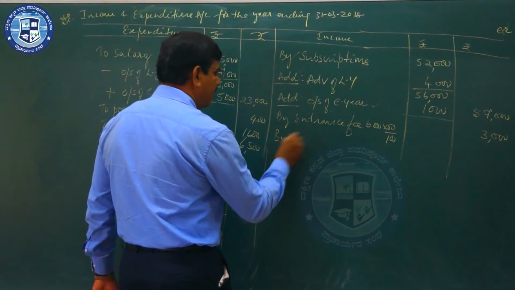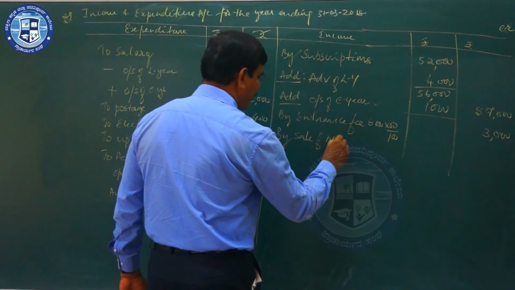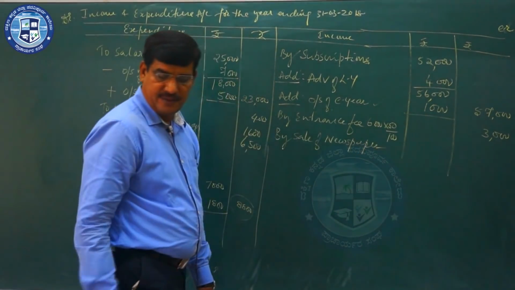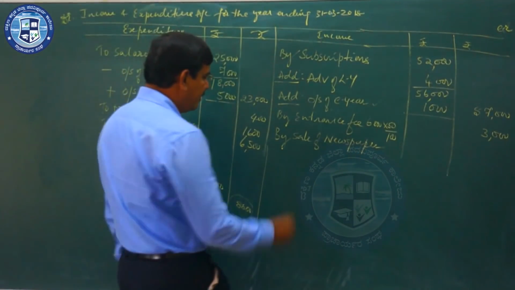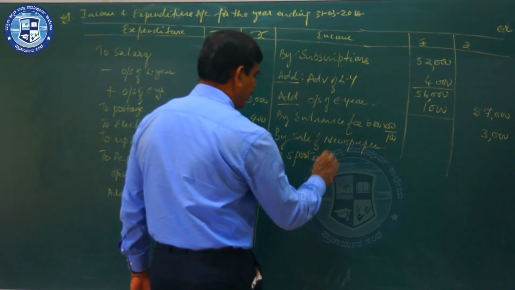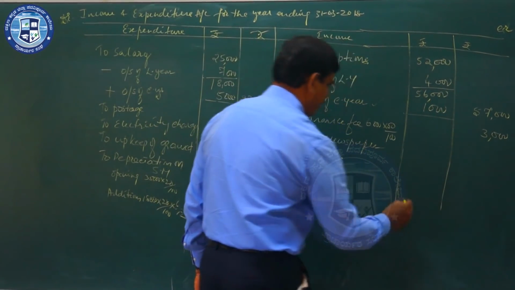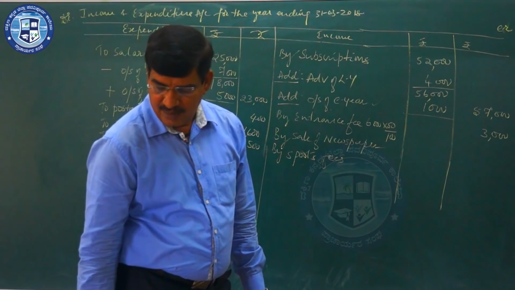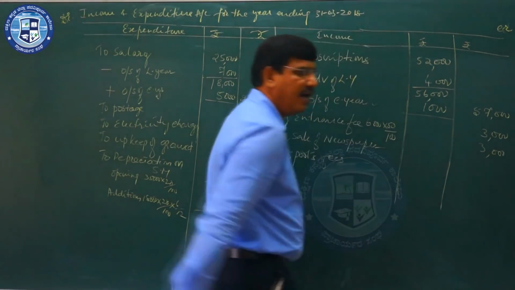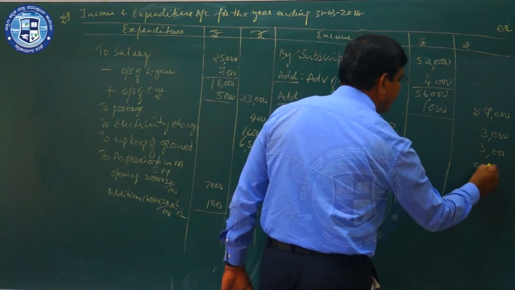Then two other revenue incomes are there, that is sale of newspaper and the sports fees. Sale of newspaper amounts to 3,000 rupees and the sports fees 9,500.